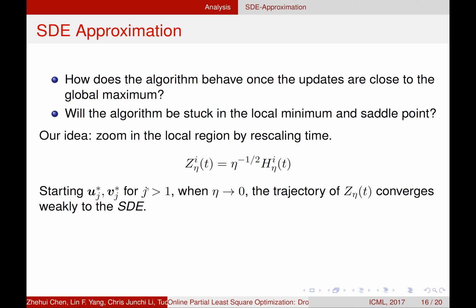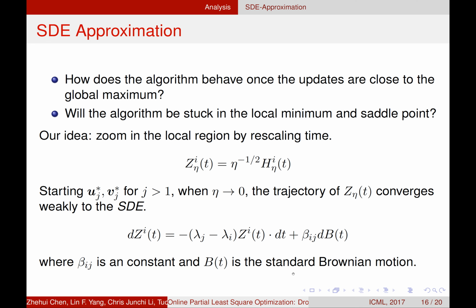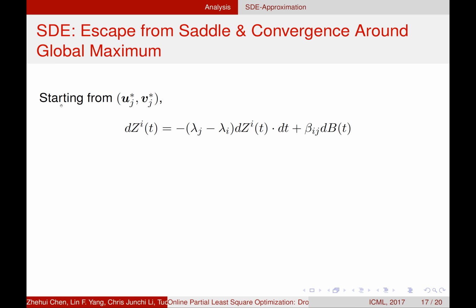So if you're starting from some saddle point, let's say u_j and v_j, and that's not 1 for j greater than 1, so that's the saddle point, when eta goes to 0, the trajectory of z_eta converges weakly to the following SDE, stochastic differential equation. dz equals minus lambda_j minus lambda_i, where j is the starting point, remember that, times dt, plus this term, beta_ij times dB. dB is the standard Brownian motion. So if you're starting from this saddle point, you get this SDE.